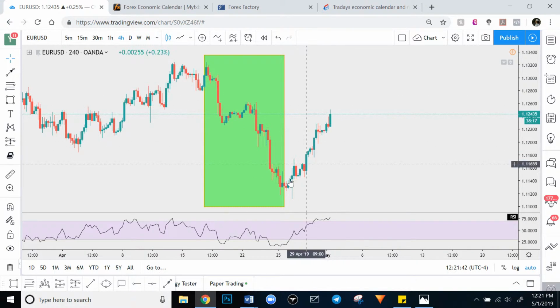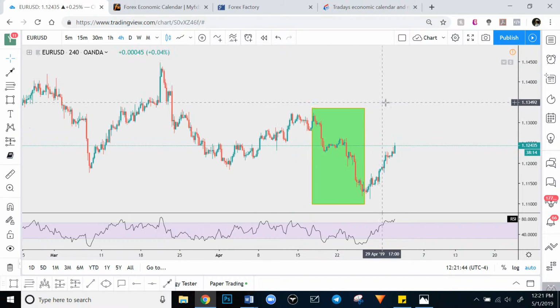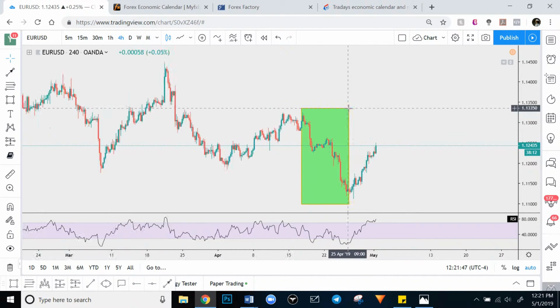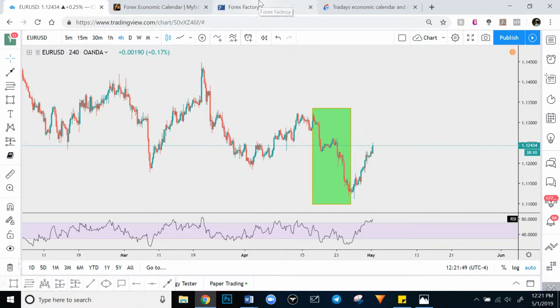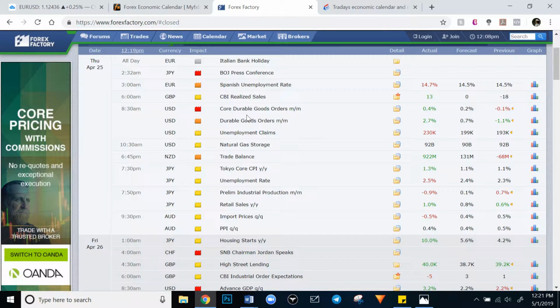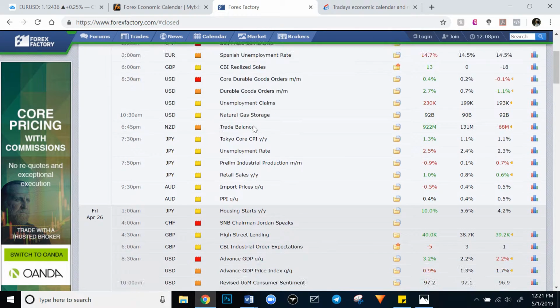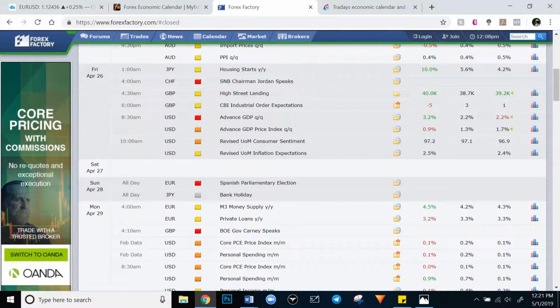However, the price was driven up on the euro dollar. So that is one example of why the news events sometimes do not correlate with the movements on the chart. Let's see if we can find one that does.